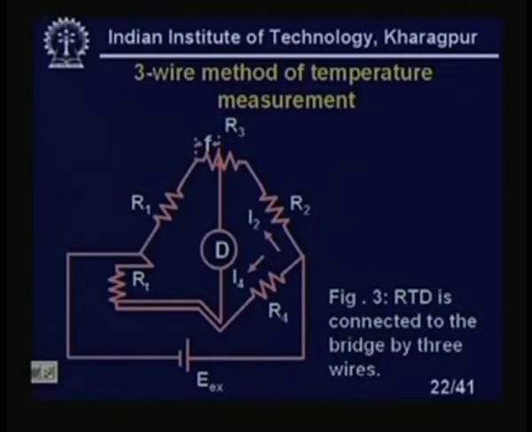So, this is a circuit where the RTD is connected to the bridge by 3 wires. You see here there is one wire, another wire, and another wire. Now, interestingly, R3 is in the bridge, but the contact resistance is not in the bridge circuit, it is in the galvanometer circuit or the detector circuit.